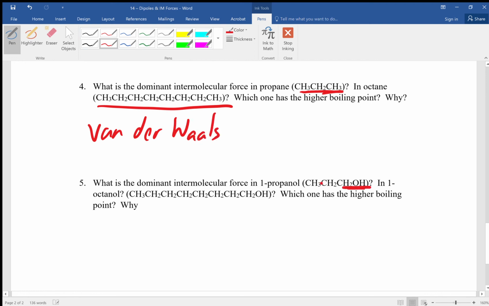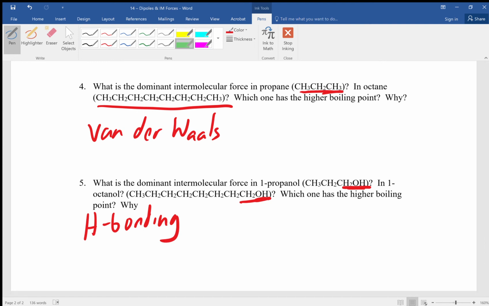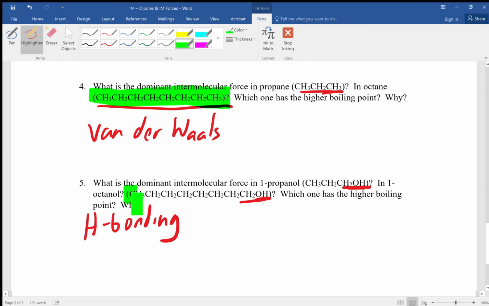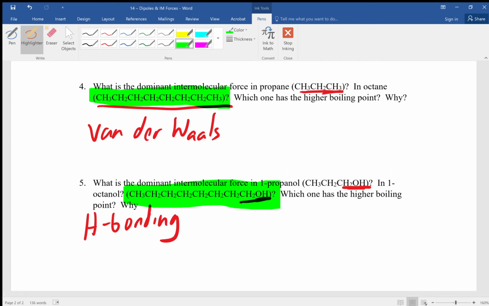In the case of both propanol and octanol, we have that OH group, and so we get hydrogen bonding. Which one has the higher boiling point? Well, in both cases, it's the longer chain. And it's the longer chain because having that longer chain, regardless of what other forces are present, allows for additional van der Waals forces.